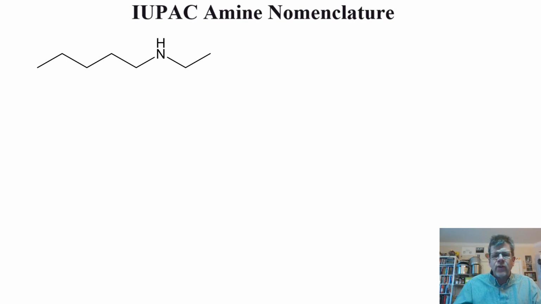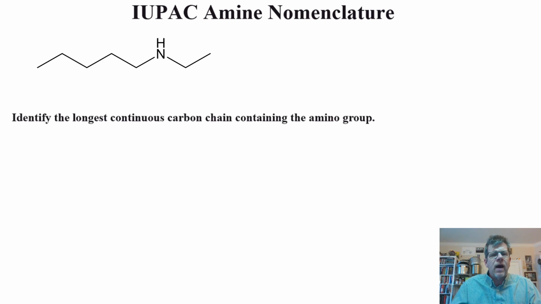So as always, in these IUPAC nomenclatures, we have to first identify the longest continuous carbon chain containing the amino group. And we want to be cautious here because it's tempting to say, all right, I'm going to count throughout. We have 1, 2, 3, 4, 5, 6, 7, 8.